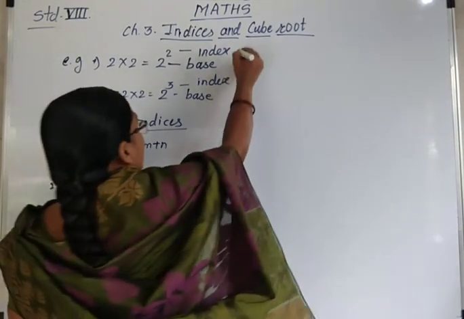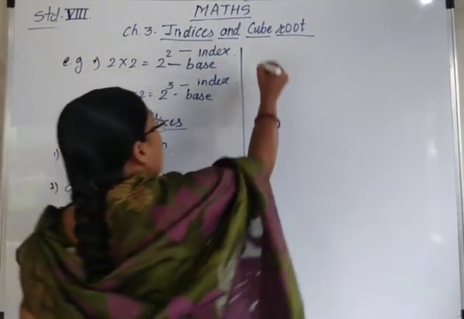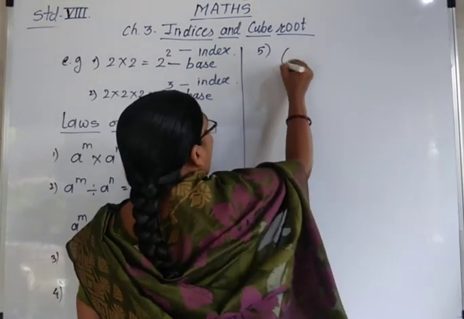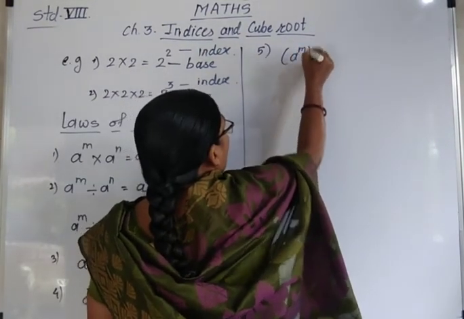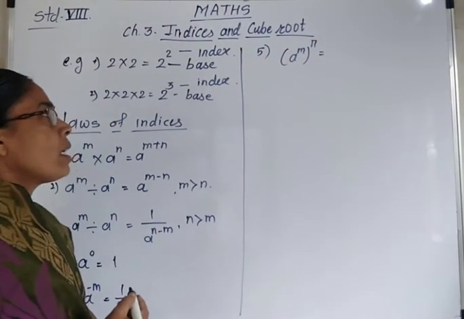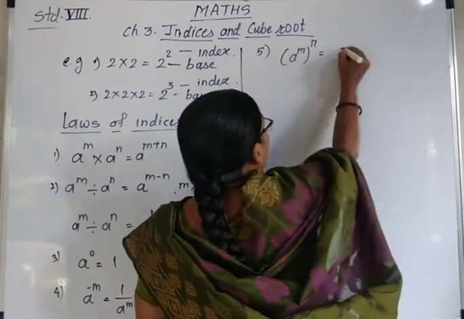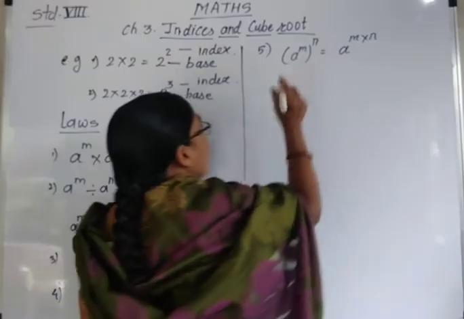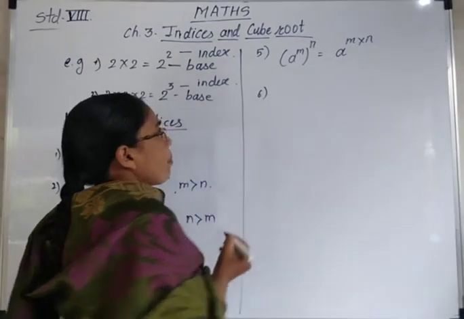Now the fifth law is here. When a raised to m is raised to n, it is equal to a raised to m into n, which means we have to write the product of those indices.